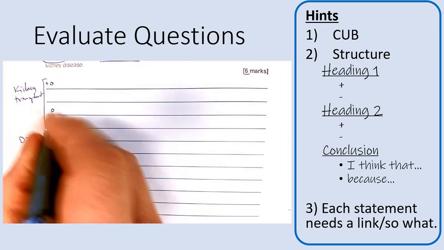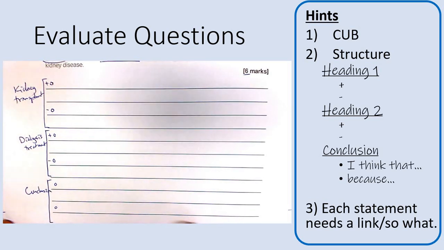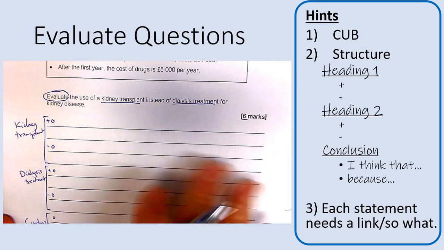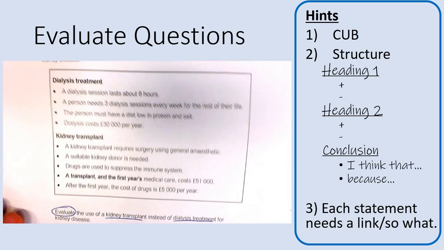I need 1 positive about kidney transplant, 1 negative, 1 positive for dialysis, 1 negative, okay, and that's it. I've been given lots of information, so I don't really need to know anything about these particularly, because I can get it all from here.